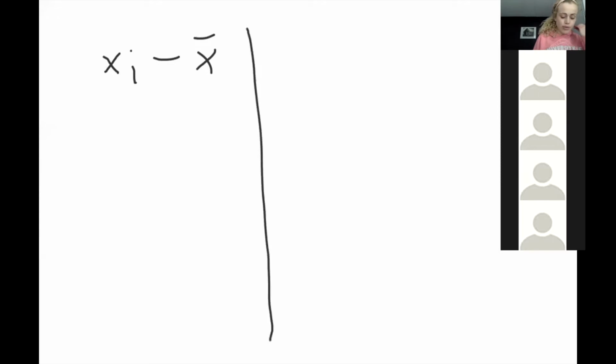So now you should see like a whiteboard. So the deviation about the mean should be x1 minus x. And then what we want to have is the squared deviation about the mean.